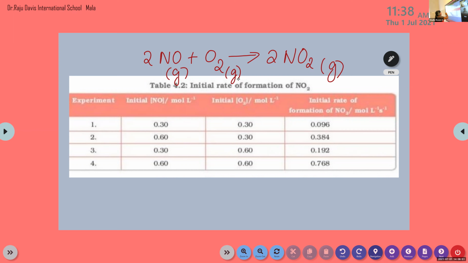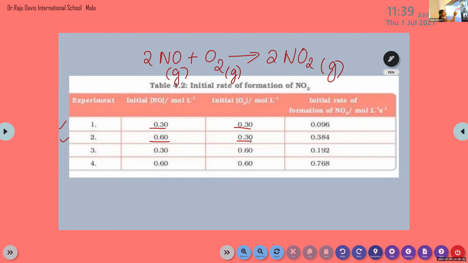In the first case, this is the initial concentration, that means the concentration of both reactants is the same. Then in the second case, we just increase the concentration of NO, and the concentration of O2 always remains constant.